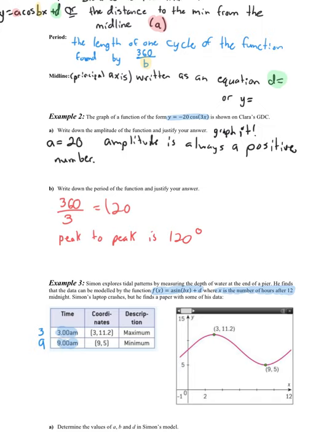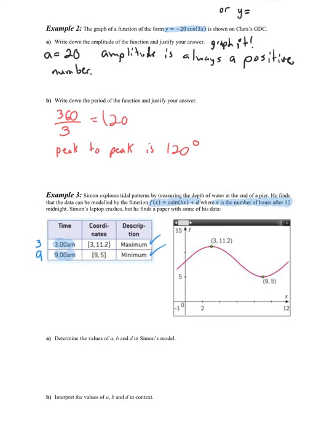And so what happens is Simon's laptop unfortunately crashes, but he found a piece of paper and he wrote some of his data down. And this is what he has. He says he found his maximum at hour 3, his minimum at hour 9, and he's got these coordinates here. So what we need to do is find the A, B, and D values.